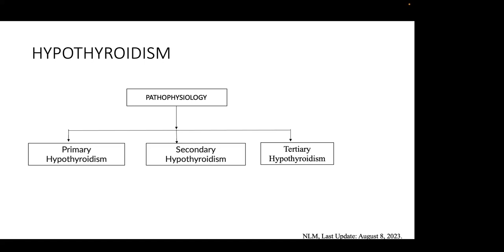This is mostly associated with pituitary disorders. And tertiary hypothyroidism is associated with hypothalamic disorders, wherein there is a decrease in the TRH, TSH, and T3, T4 levels, with the decrease in TRH causing a further decrease in the other levels.